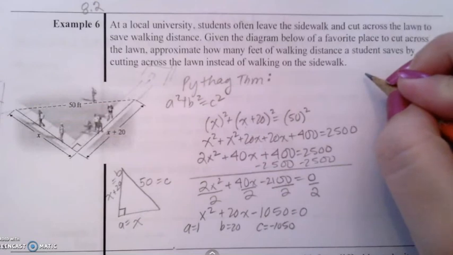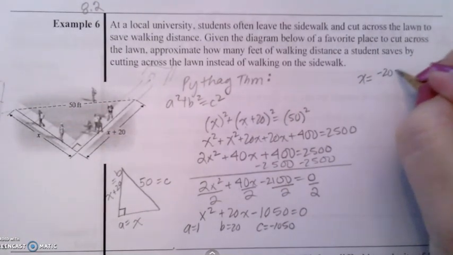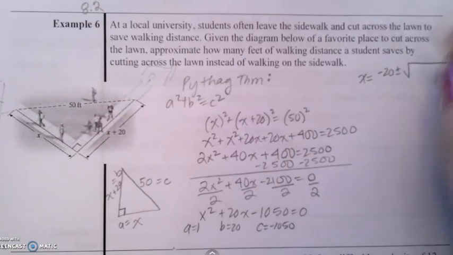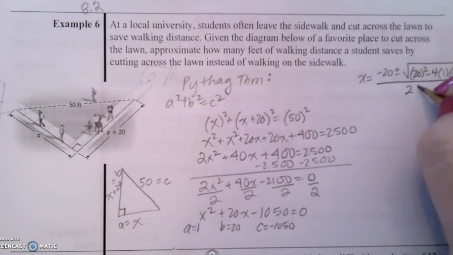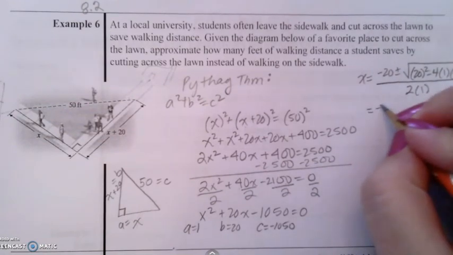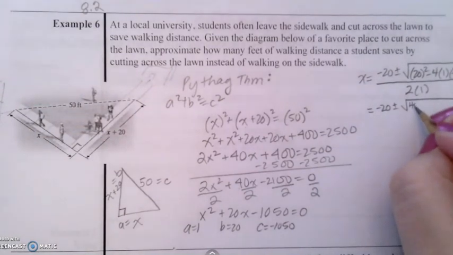So hopefully you've given this a try. x is equal to negative b plus or minus the square root of b squared minus 4ac, all over 2a. Negative 20 plus or minus the square root of 400.